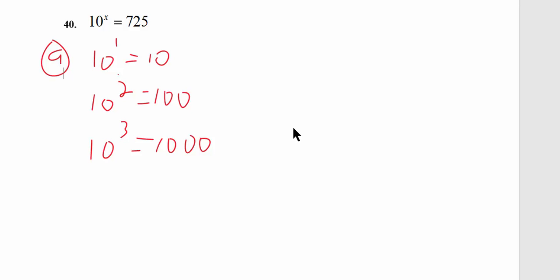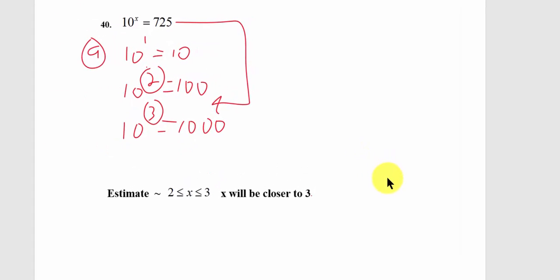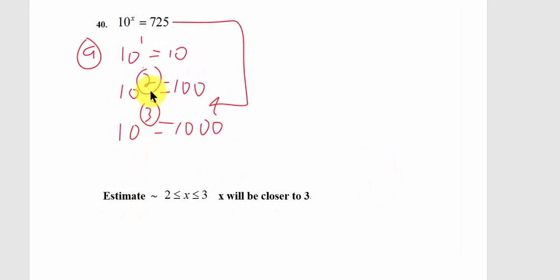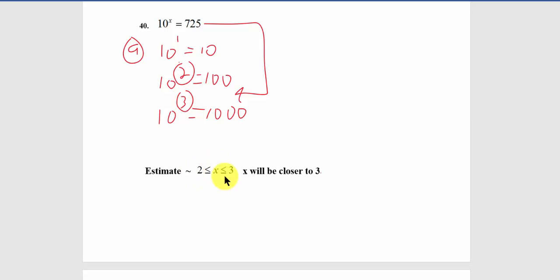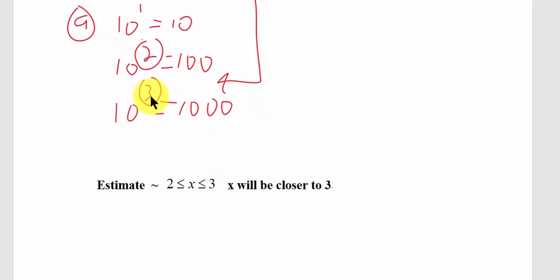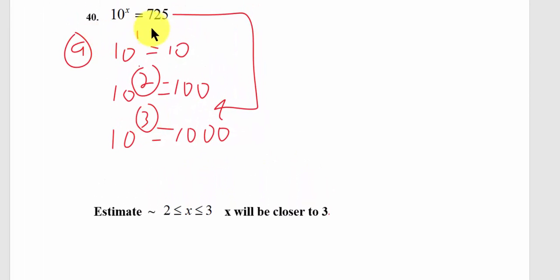So we know the value of x is going to be between 2 and 3, because 725 is between 100 and 1,000. So let's type our answer. Our estimate will be x is some number between 2 and 3, closer to 3. This time we said closer to 3 because 725 is closer to 1,000 than 100. So our answer will be closer to the 3. All right, so that's us solving using estimates.